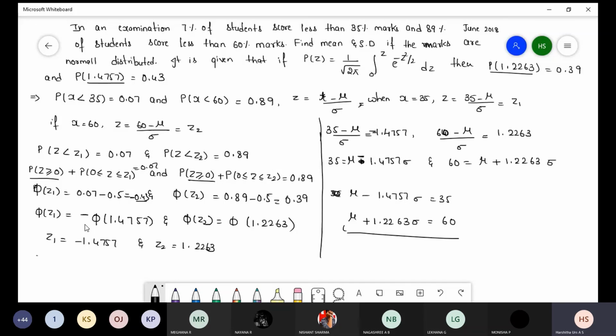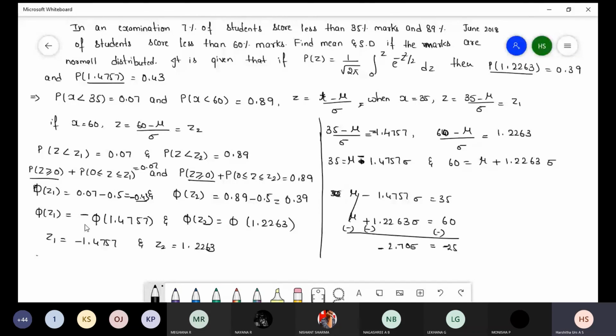Change the sign. What is the value of these two when you add minus 1.4757 plus 1.2263? 0. Here this side 60 minus 35, I think minus 25.